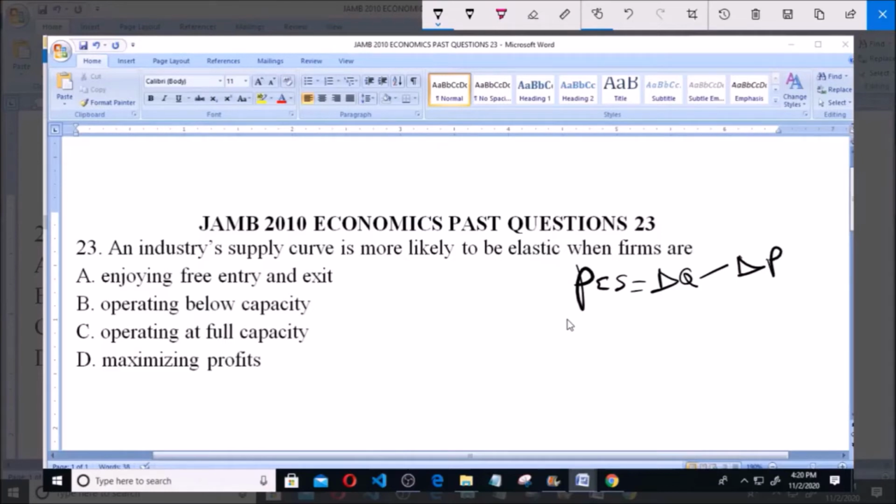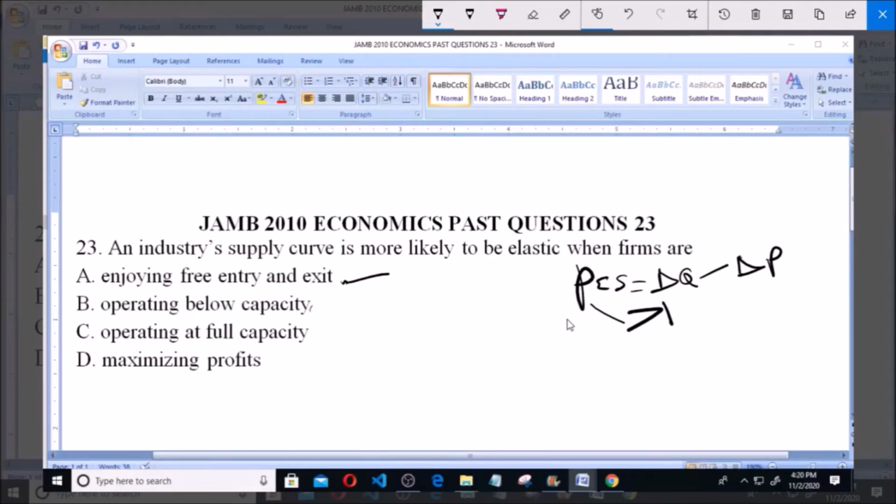So if supply is elastic, when we say elastic, we say it's greater than 1, then producers can increase output without a rise in costs or a time delay. So coming to our options, an industry supply curve is more likely to be elastic when firms are enjoying free market, free entry and free exit.